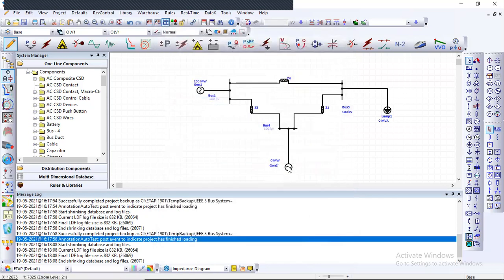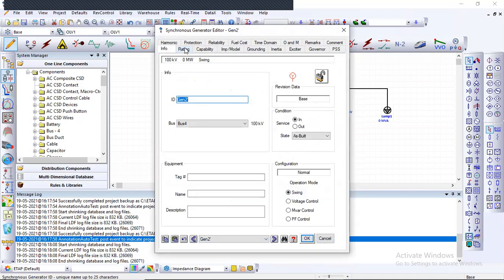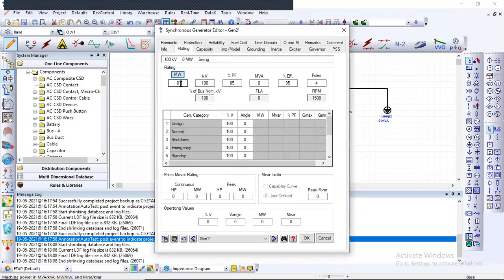Yes, it can accept. So we need to place the rating in megawatt. That would be 250 megawatt. The kV is already placed, and the MVA is not necessary to mention there. And after that, when you place 250 and click somewhere else, all the relevant data would be adjusted by only placing the value of 250 megawatt. All the parameters would be selected automatically.